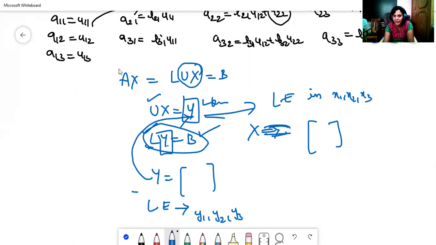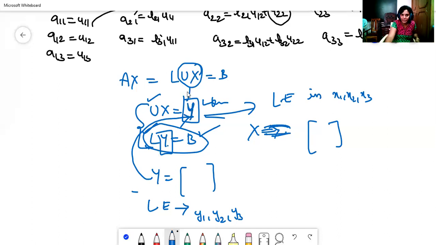This is the solving by the decomposition method, LU decomposition, that is the factorization method. First, choosing these two is very, very important. LUX equal to B, in that UX equal to Y, the unknown variable matrix.